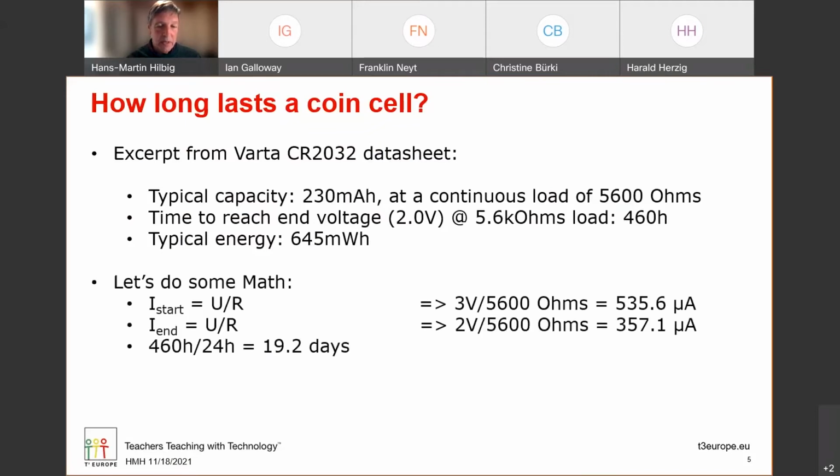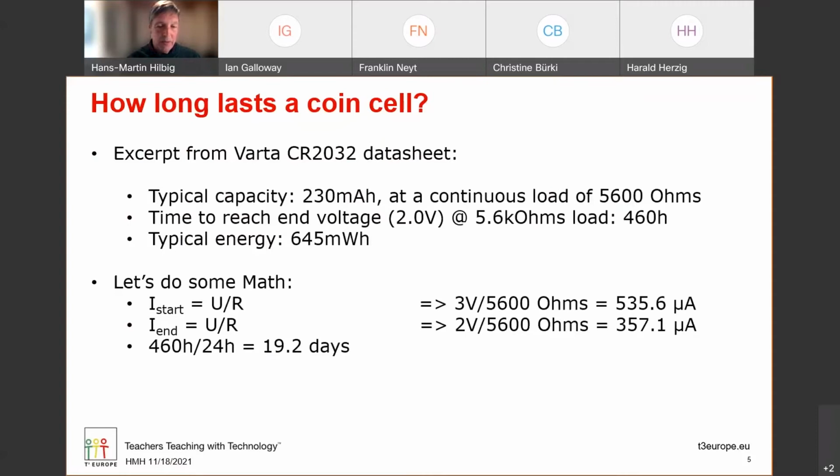All right, let's do some math. First of all, the initial current drawn from a coin cell when it's still fresh and young, at 3 volts divided by 5,600 ohms, is 535.6 microamps. Wow. If we put this into perspective with what Franklin was showing in his presentation, he was talking about milliamps, I can remember, when he was referring to the RGB array.